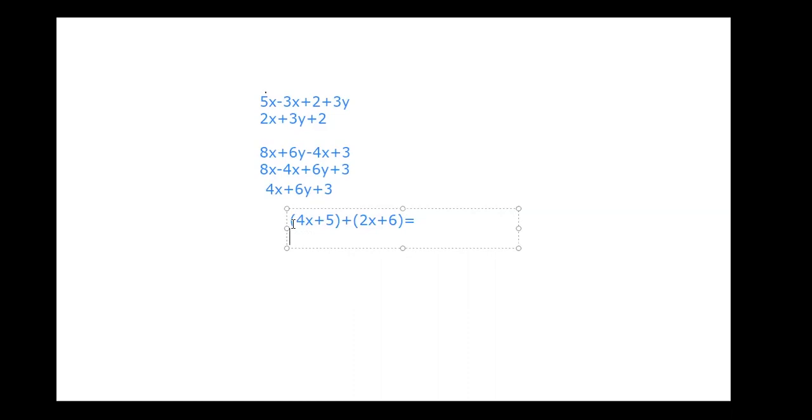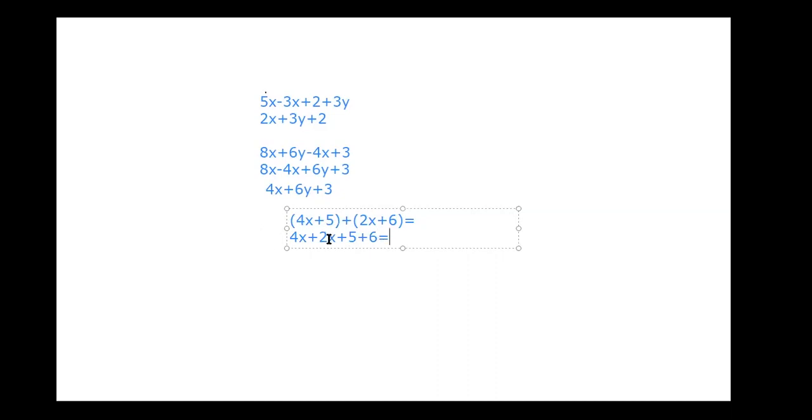If you can do it in your head, do it in your head. I don't care, whatever makes it easiest, okay? So you have 4x plus 2x plus 5 plus 6. I like to group everything together to keep everything simplified, or as close together as possible.